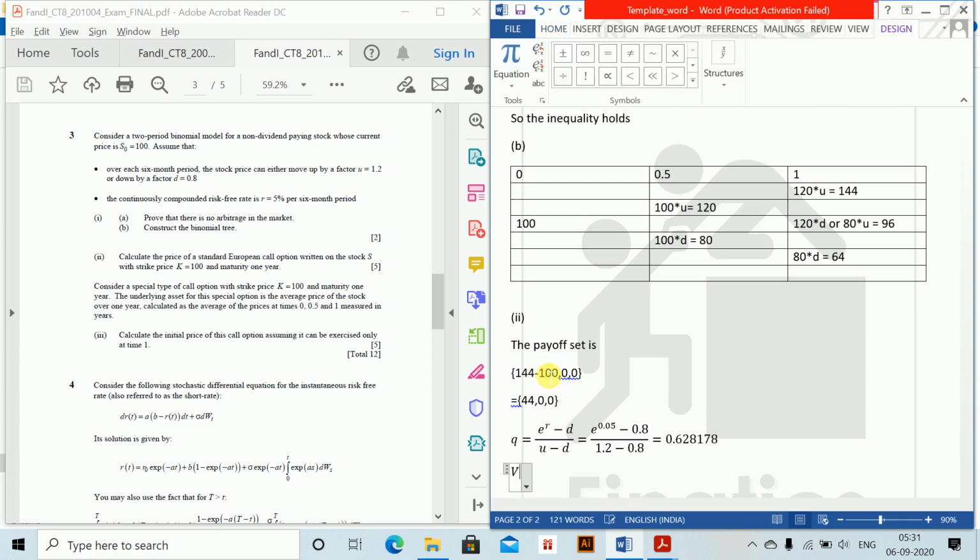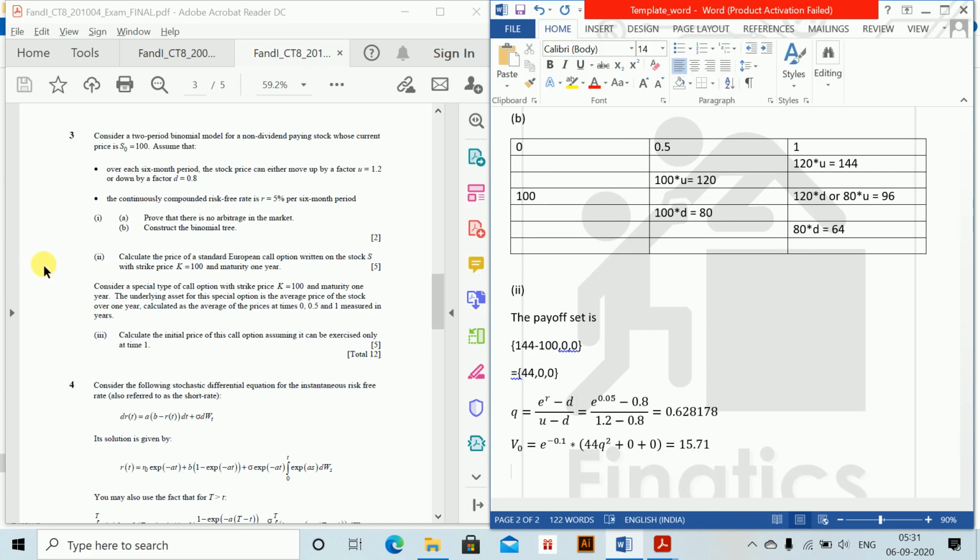Therefore V_0 is equal to e to the power minus 0.1 into 44 q square plus 0 plus 0. So this is equal to 15.71.